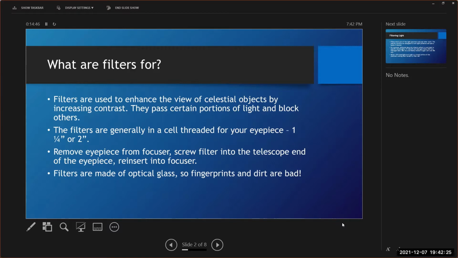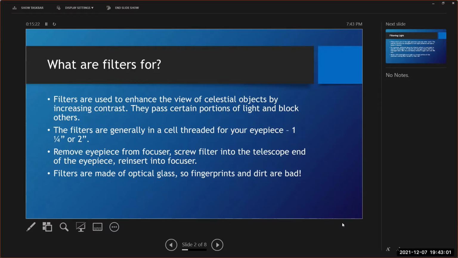One thing about these filters that I have learned is that it is optical glass, and the coatings are somewhat sensitive. Fingerprints and dust and so forth are a bad thing. I clean my filters rarely. I use something like a lens brush that you might get at a camera store to brush dirt off or blow it off.